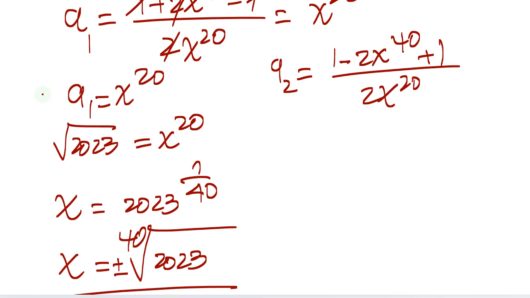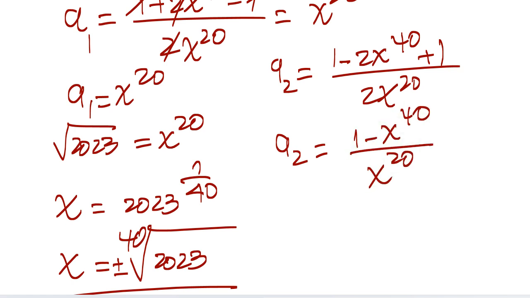So a2 here will be equal to this one. We would simplify 2 plus 2, and dividing by this we will have here only 1 minus x to the 40 divided by x to the 20.